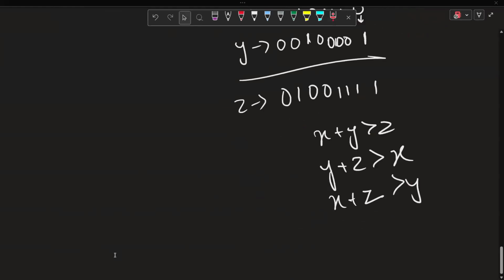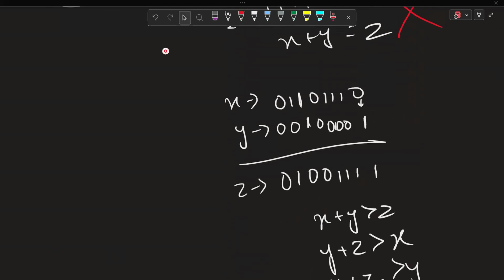I'll just discuss one of the ways through which you can do it. Whatever X you have, you need to make sure that Y is such that one of the unset bits is set in Y and one of the set bits is set in Y. So select the lowest unset bit in X, and select the lowest set bit in X, and just set those bits in Y. That would be your final answer.